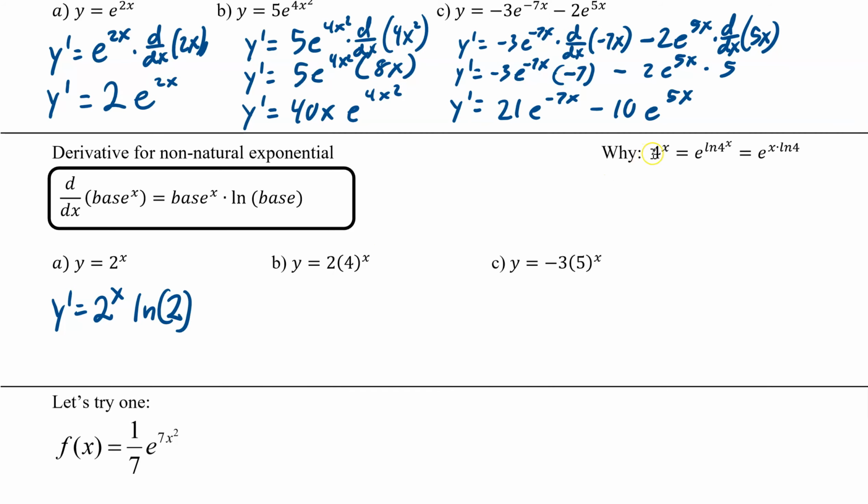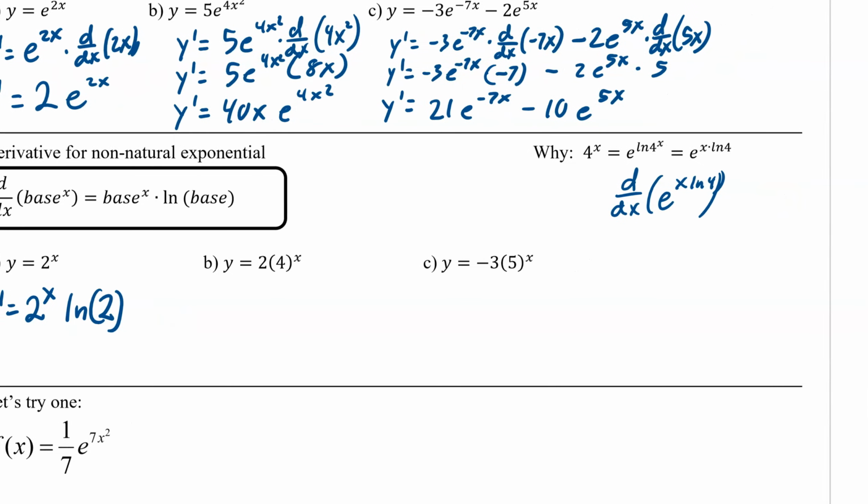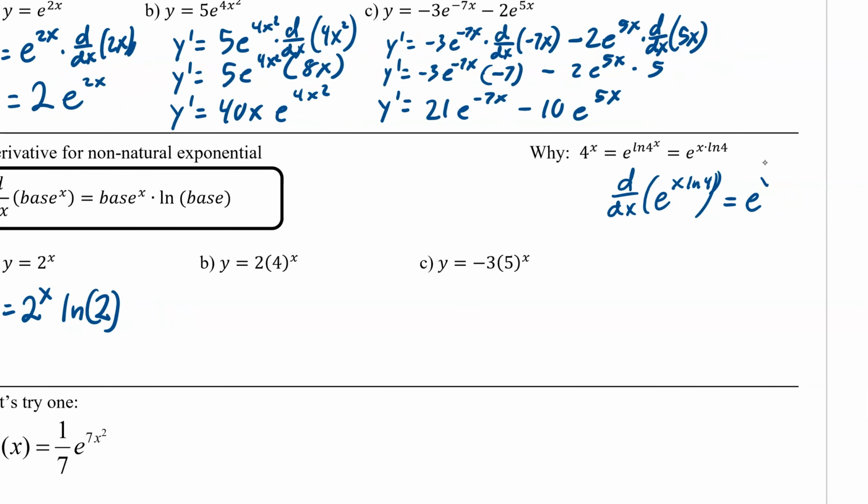So if you see 4 to the x, you can think of it as e to the ln of 4 to the x. And then we can use that rule to bring x out. So we end up with this. And so now using chain rule on it, you would end up with e to the x ln of 4 times the derivative of the inside, which would just be ln of 4.